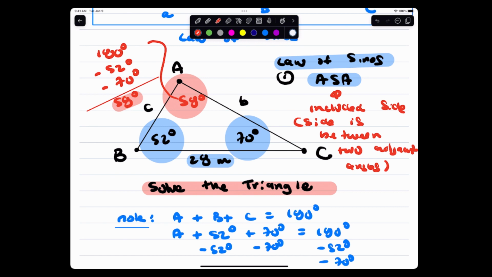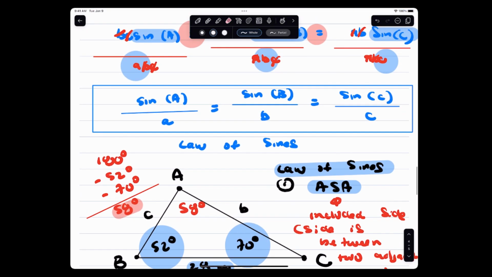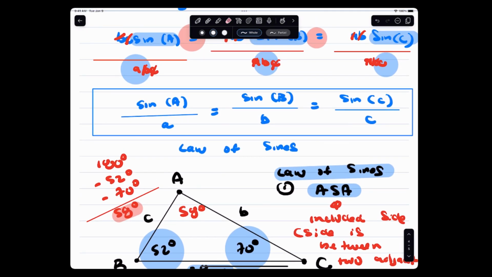All right. Anybody have any questions on that part? Now that you have that information, I'm going to get rid of the highlighting. The question's going to be, how do you use the law of sines? Notice what it says: sine of A over little a equals sine of B over little b equals sine of C over little c.